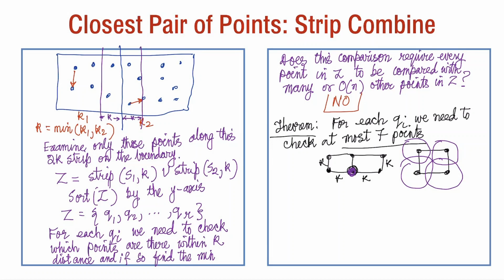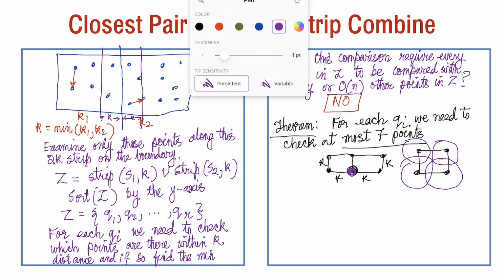The proof is very detailed and I am not going through the proof. But the core idea is that this comparison, which was expected to be an order n squared comparison, now becomes an order n comparison.